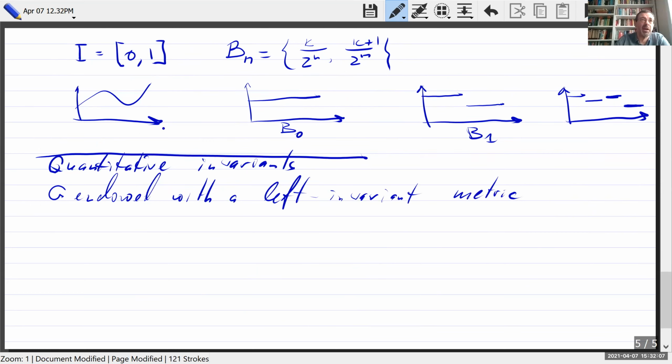And then one can use this metric in order to evaluate how far we are from the origin. So one can look at the distance from the origin and ask the question how this distance behaves.